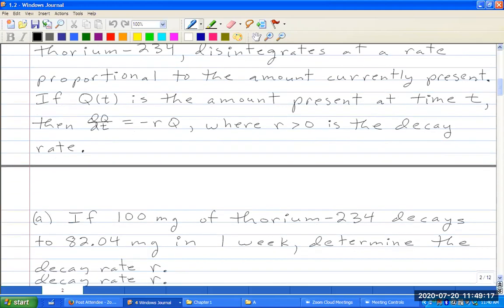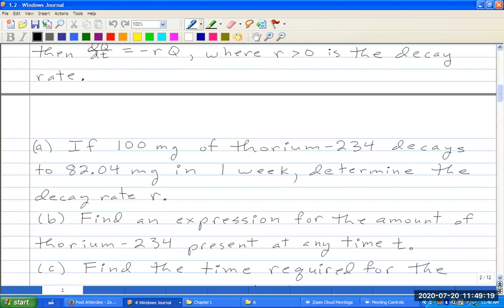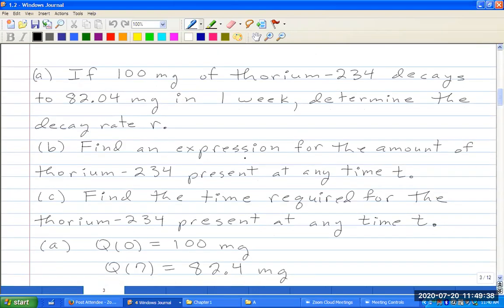If 100 milligrams of thorium-234 decays to 82.04 milligrams in 1 week, determine the decay rate R. Find an expression for the amount of thorium-234 present at any time T. Find the time required for the thorium-234. Wait, that doesn't make sense.